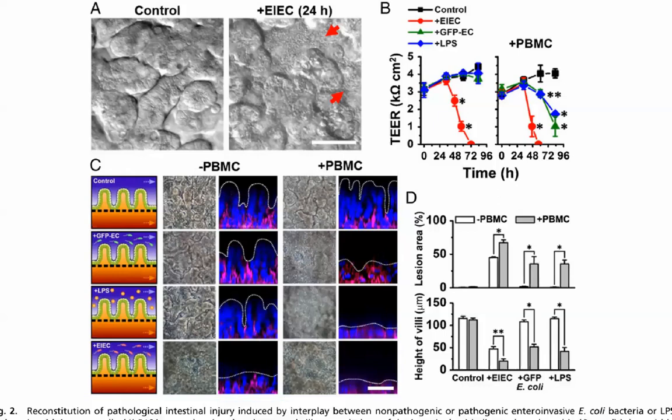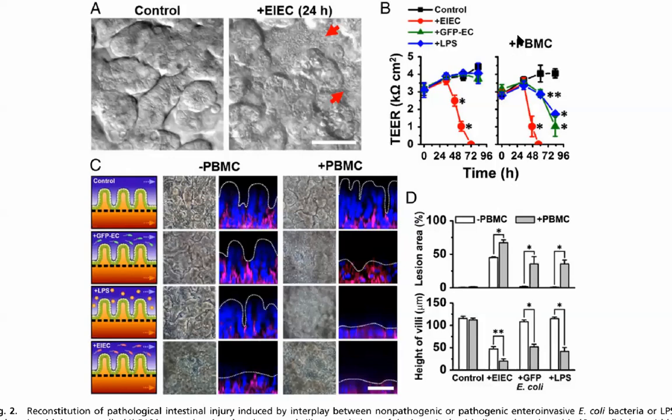So another key process happening in the inflammation in the human body is the immune cells. So they introduce this PBMC, meaning the peripheral blood mononuclear cells, meaning the immune cells.